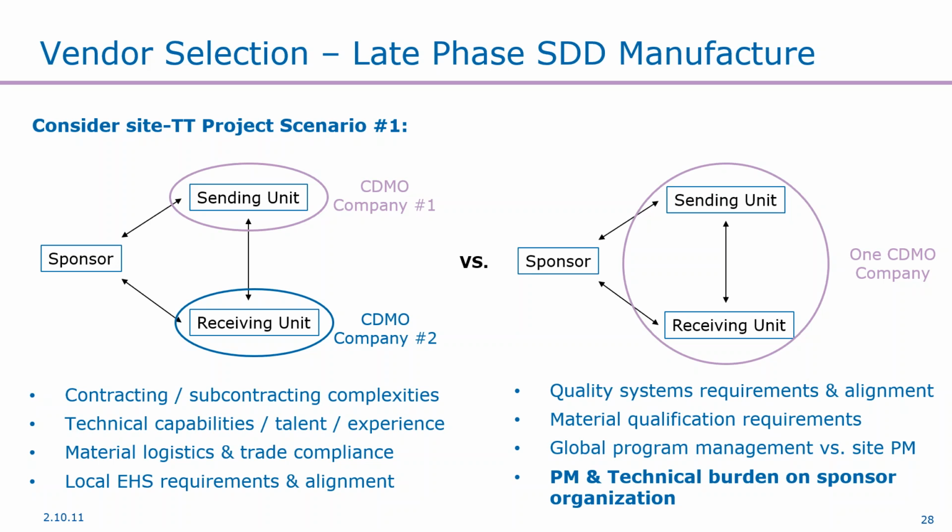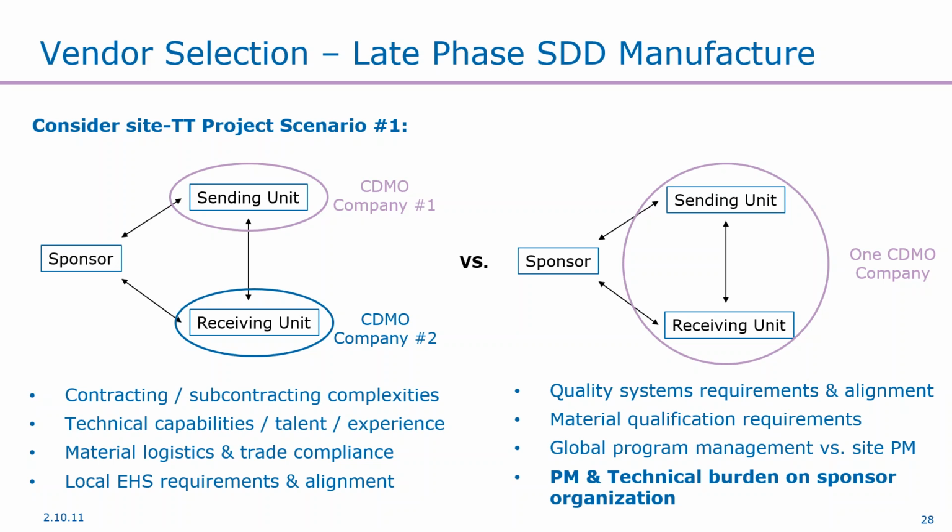the technical capabilities and talent and experience, sometimes product-specific experience, of the organizations involved. Again, materials, logistics, and trade compliance, local EHS requirements, and alignment between the multiple organizations involved.